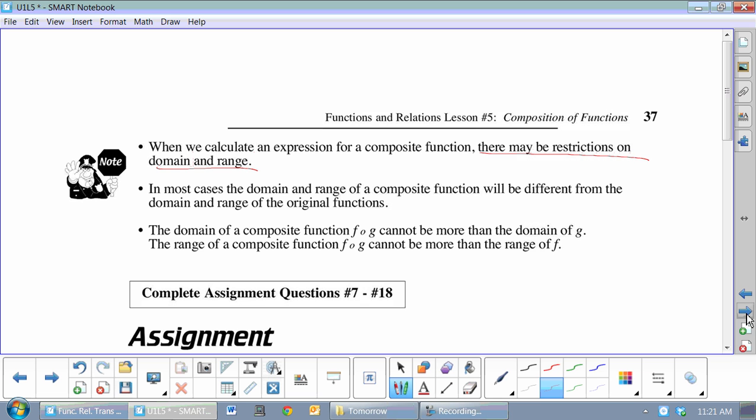And then this one, I caution you to even memorize this, but just so you know, the domain of a composite function f of g cannot be more than the domain of g, and the range of a composite function f of g cannot be more than the range of f. I mean, that's going to take a little while to even digest, and it's memorization.